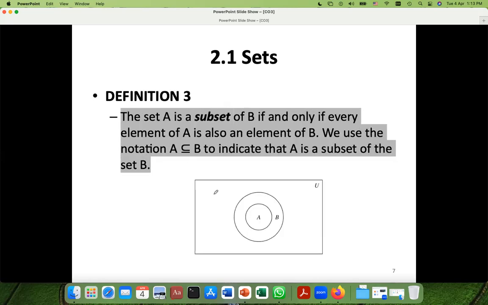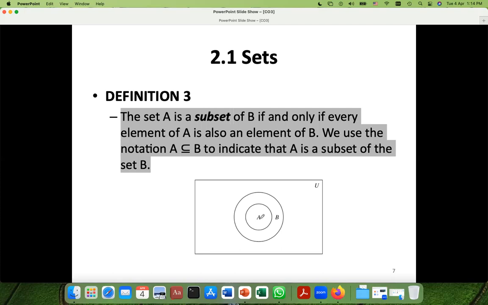For example, here this rectangle is for the universal set. And then you have this small circle represented with A, and then you have an outer circle outside. What is it showing?